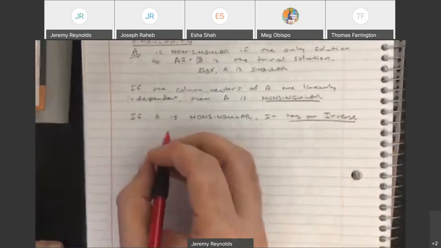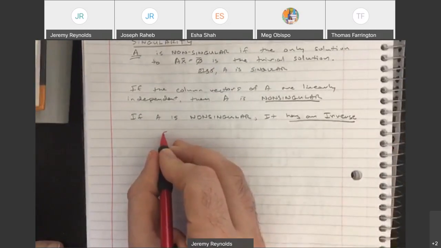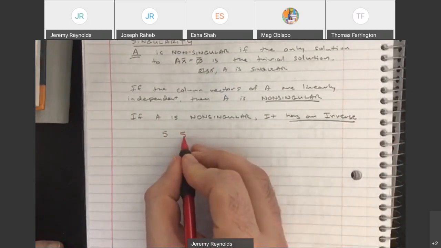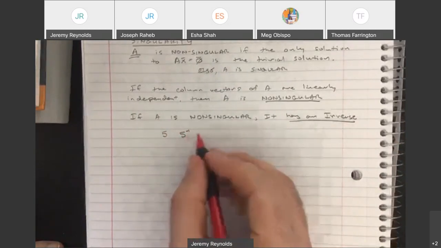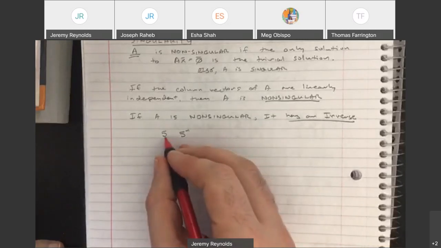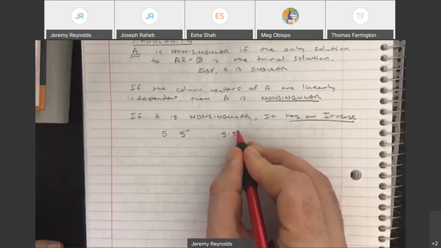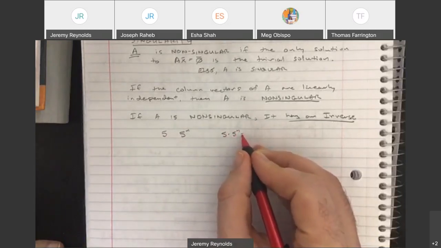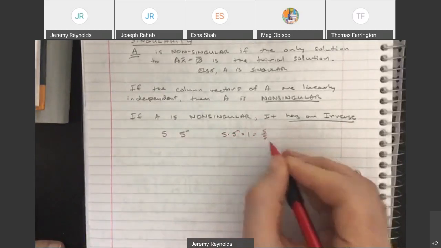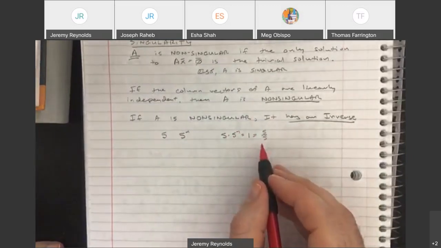So when we're doing basic multiplication, if I have the number 5, then I know the 5 to the negative 1, the multiplicative inverse, is what 5 is multiplied by to get 1. That equals 5 over 5. So that's what we mean by a multiplicative inverse.